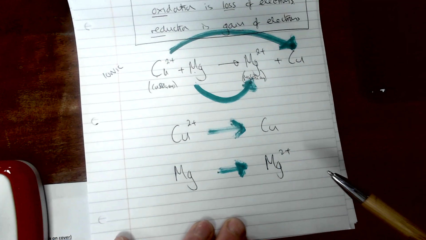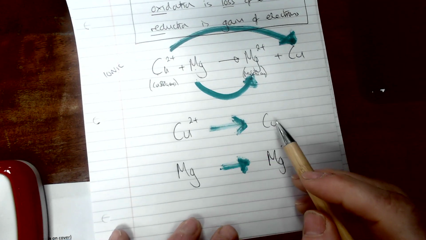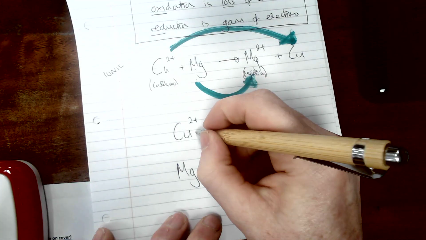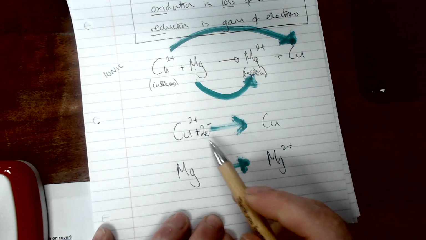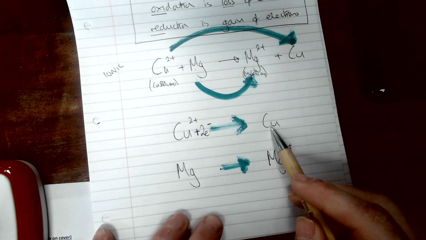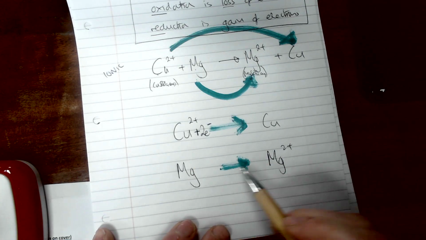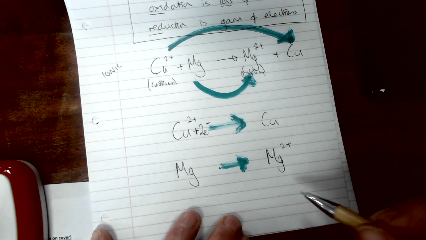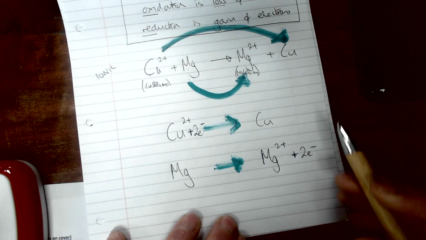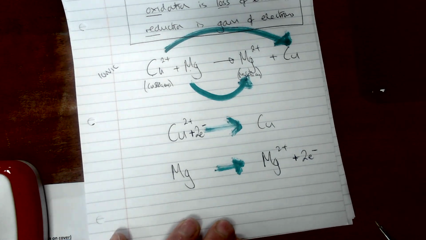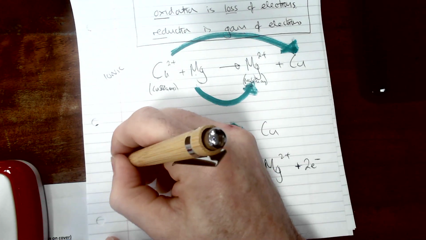I'm just going to balance this one now. If copper 2+ becomes copper, the only way it could have done that is by gaining 2 electrons. So this is a half equation for copper 2+ becoming copper. And magnesium, to become magnesium 2+, must have lost 2 electrons, so we're going to put these electrons over here. These are ideas that you could have come across at GCSE, and these are called half equations.